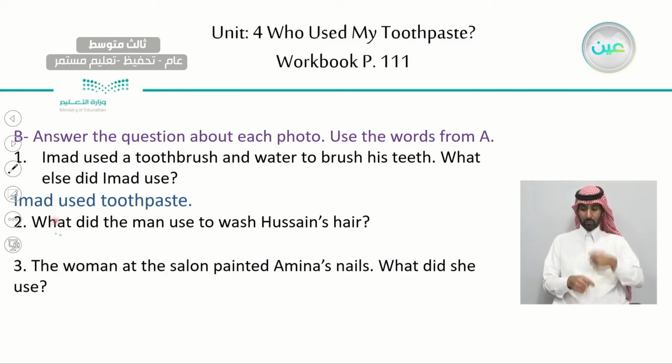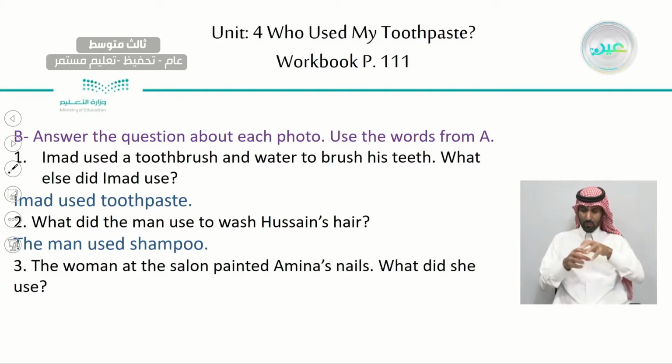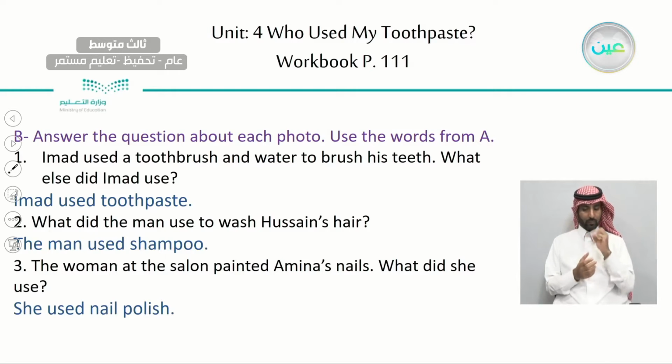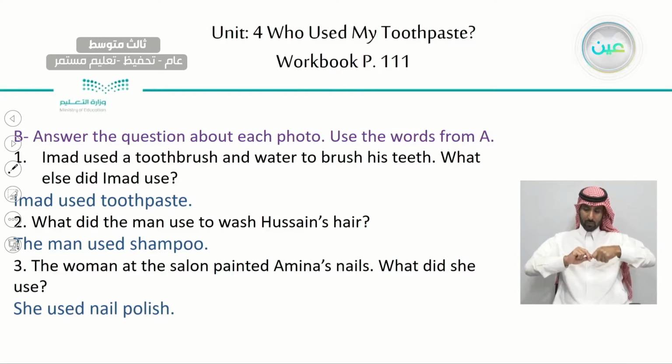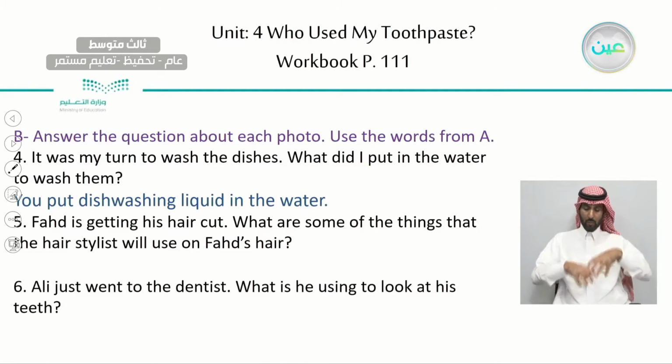Number 2, what did the man use to wash Hussein's hair? So what did he use to wash the hair? The man used shampoo. 3, the woman at the salon, she used nail polish. Okay, this is for number 3. Now 4, what did I put in the water to wash them?